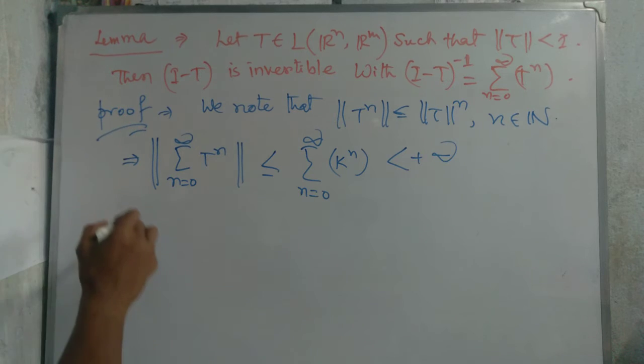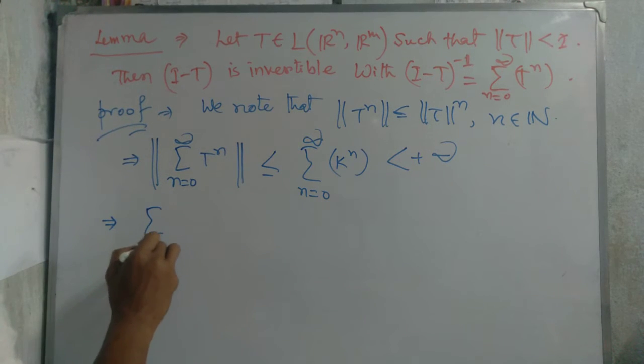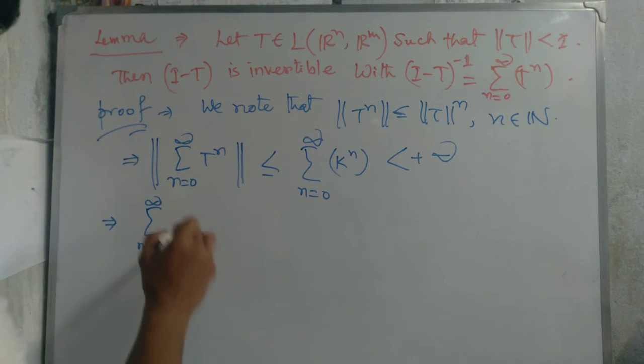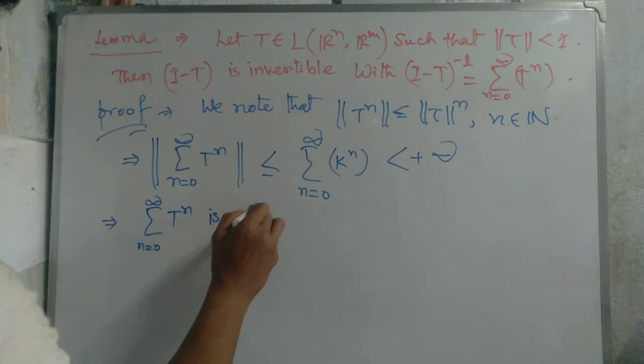This implies that the summation from n equal to 0 to infinity of T to the power n is absolutely convergent.